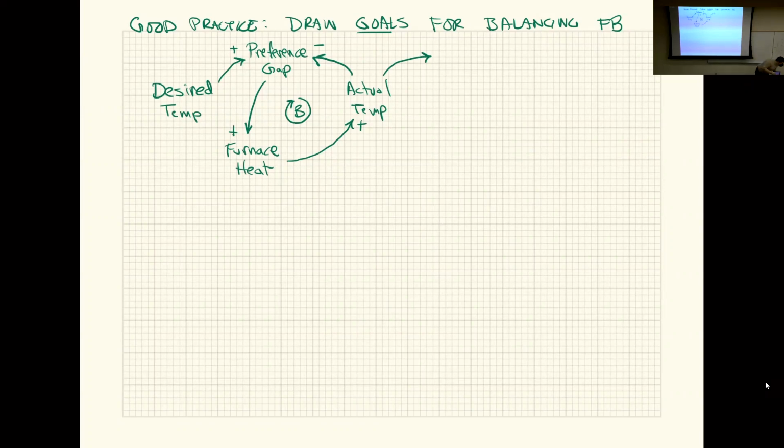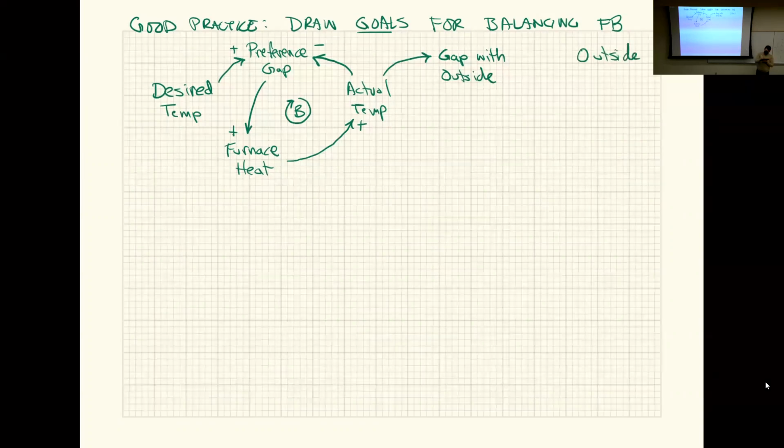So my actual temperature goes into this thing, gap with outside, which is just the temperature difference between it and the outside temperature. And so I'll have an outside temperature, which acts like a second goal, and it affects the gap with outside. So I'm saying that the gap with outside is actual minus outside. And if that's large, then I get heat loss to the outside.